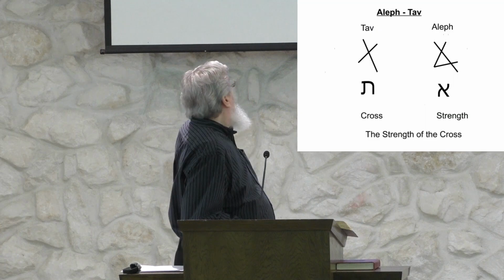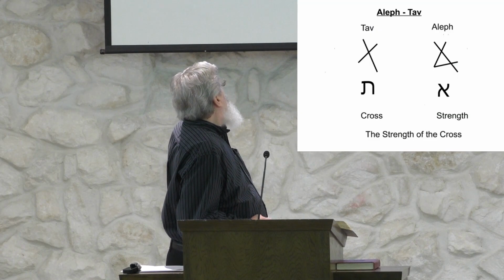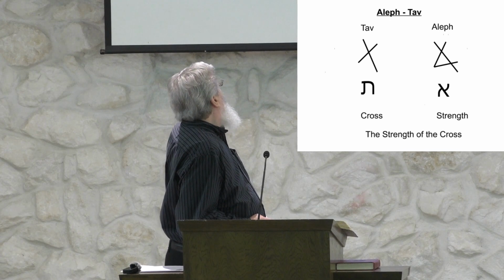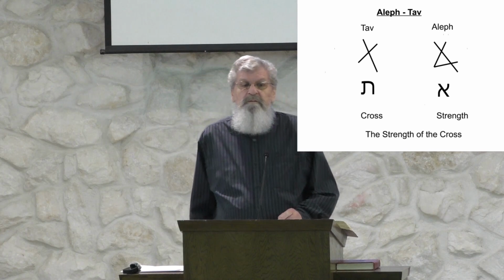Okay? And I've told you before about the Aleph and the Tav, which is the next slide, Adam. The Aleph and the Tav. Aleph is strength, and the Tav can mean cross or sign, so it's the strength of the cross, a direct reference to our Messiah.